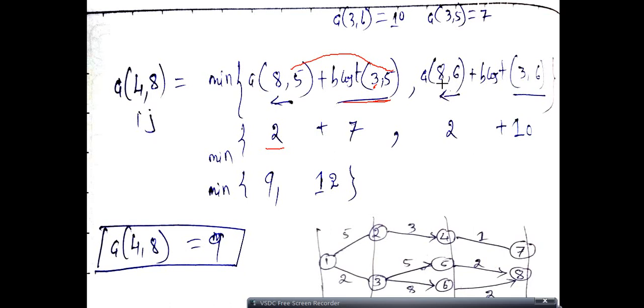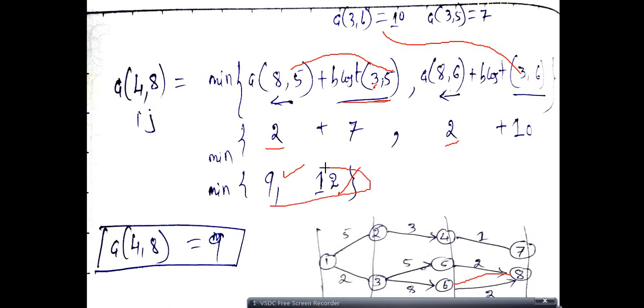Now similarly, the other in degree of vertex 8 is 6 plus backward cost 3 comma 6. 6 to 8 is how much? 2, and the backward cost previously calculated for 3 comma 6 is 10. So 7 plus 2 is 9, 10 plus 2 is 12.